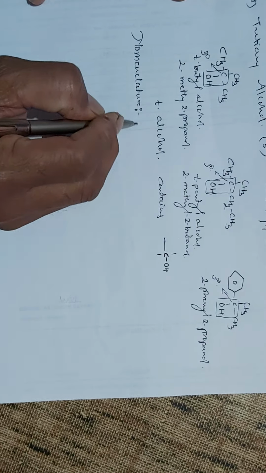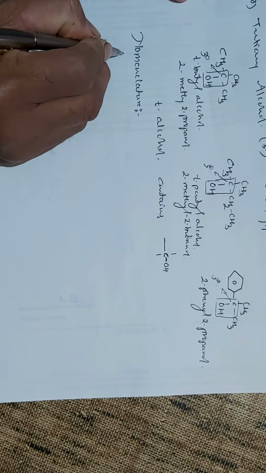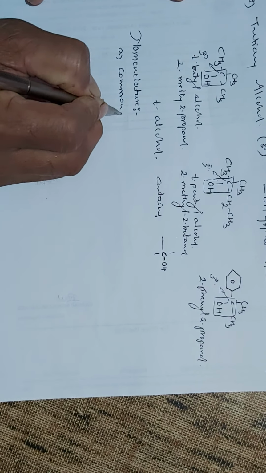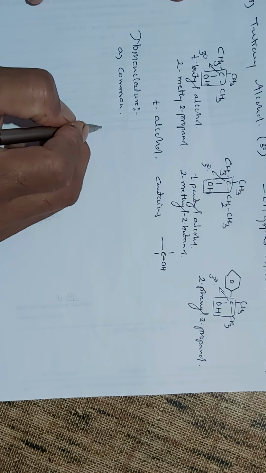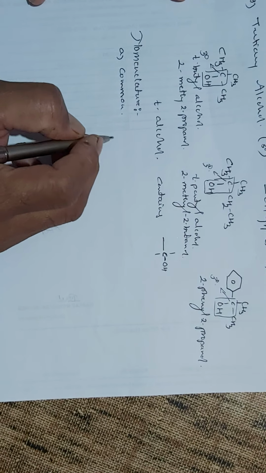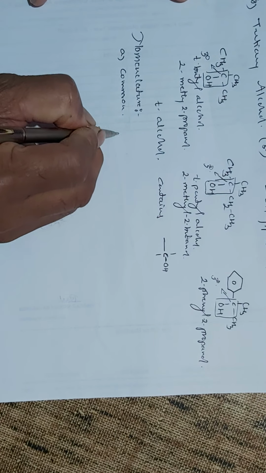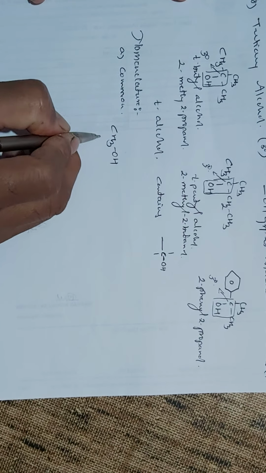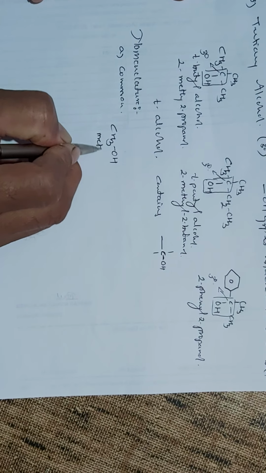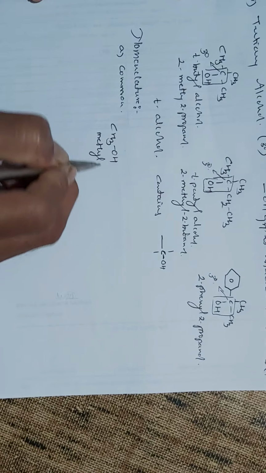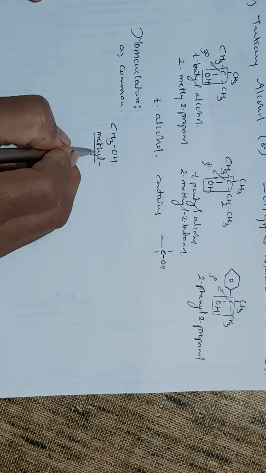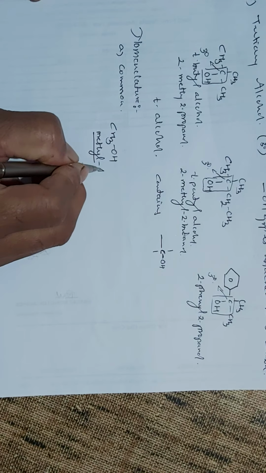In the common nomenclature system, the common names are used. What are the common names? They depend upon the name of the alkyl group attached to the OH. In the simple example where the OH group is attached to a methyl group, it is termed methyl alcohol. The name of the alkyl group comes first as the prefix, and the word alcohol is written.